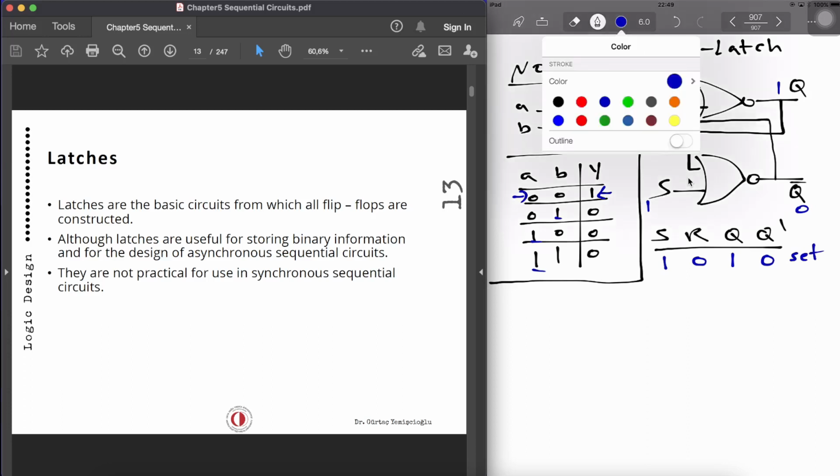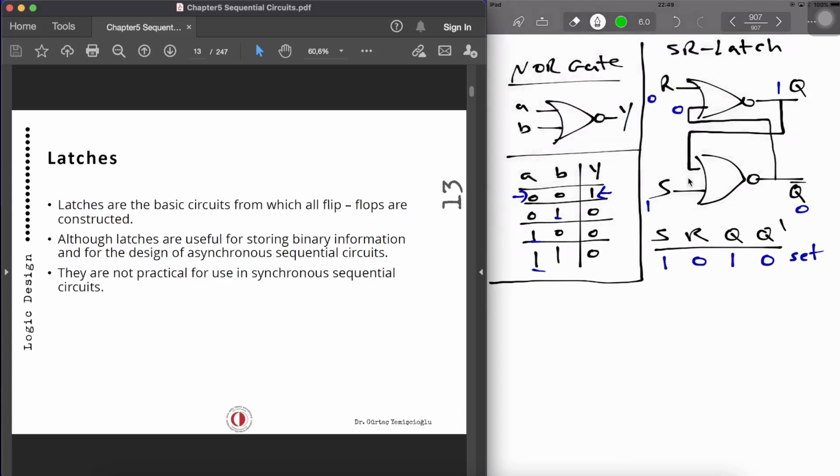Then let's change both of the inputs to be 0. As we are keeping the previous value, this 1 that we have got will be fed back over here as well.